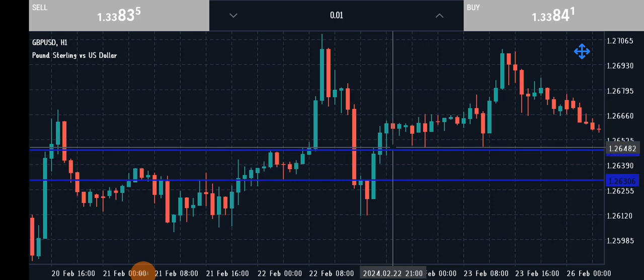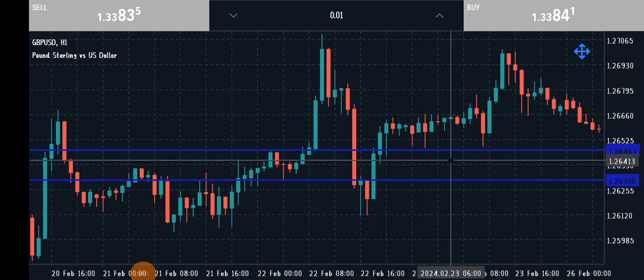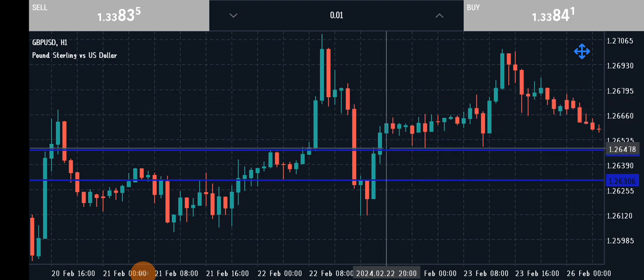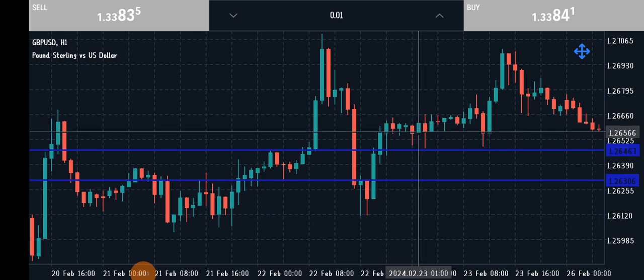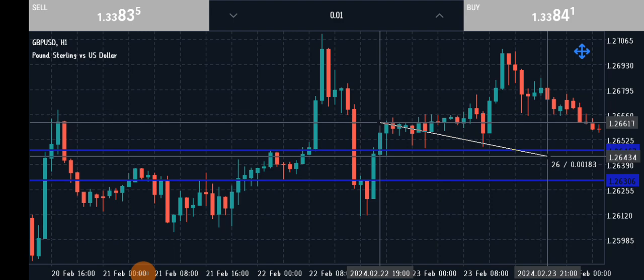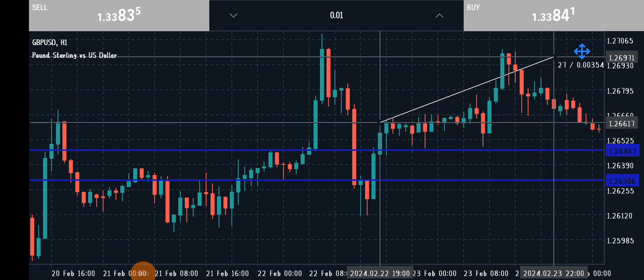You understand? So now the market didn't come into this place and form anything, it broke out, indicating that this place can still serve as support. So immediately it came back to the line with a green candle, we bought from here, keeping our SL a little bit below here to aim at this high.